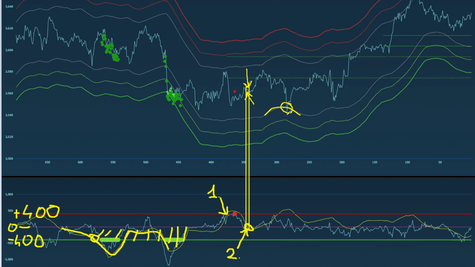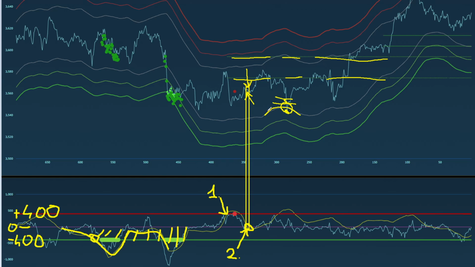Sometimes you will see the horizontal levels, this one, right? Which are really very nice for this setup too. So probably these levels were somewhere here. I would probably get in with the second position here and then add at the gray band.